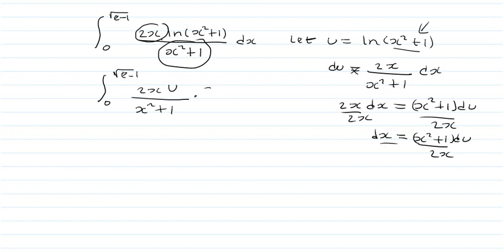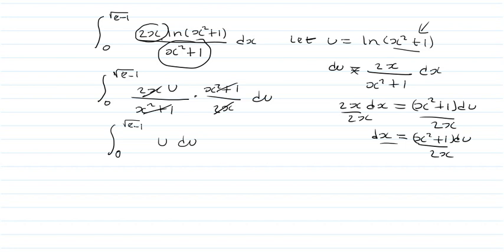We found it as x squared plus 1 over 2x, then du. This 2x and this 2x will cancel out. The x squared plus 1 and x squared plus 1 will also cancel out. What will remain is the integral from 0 to the square root of e minus 1 of u du.